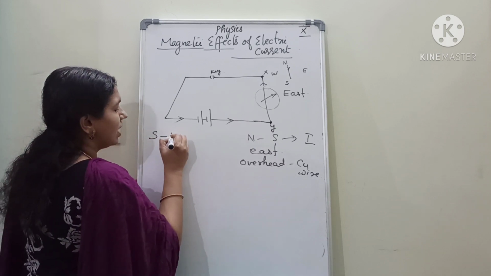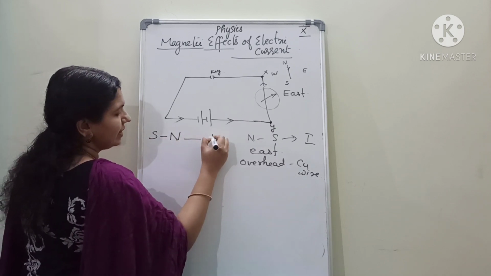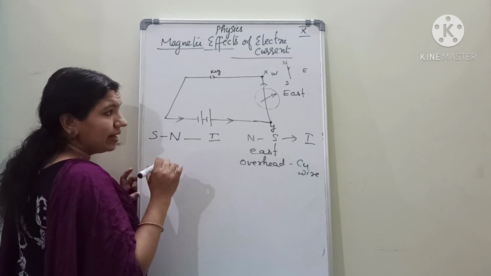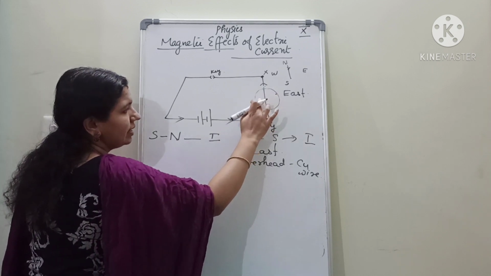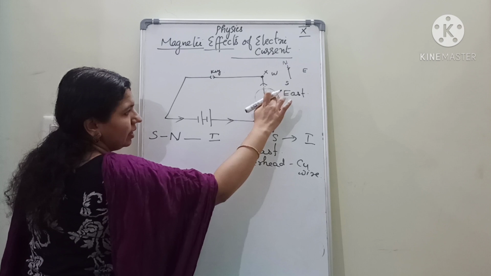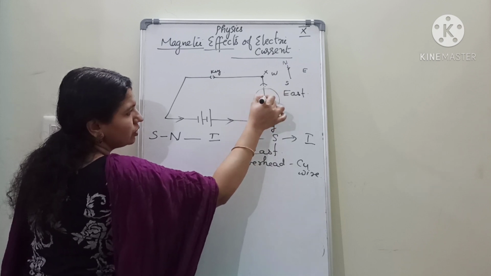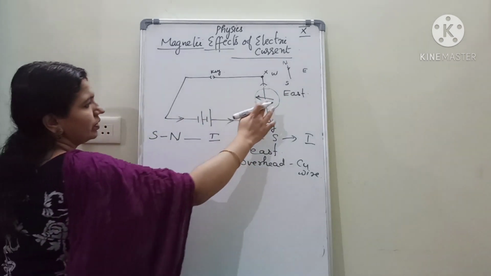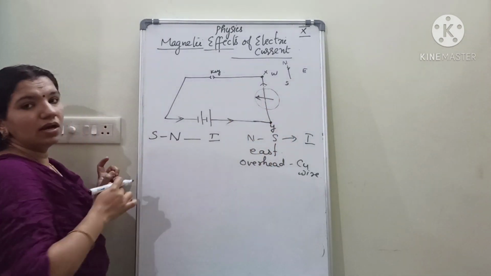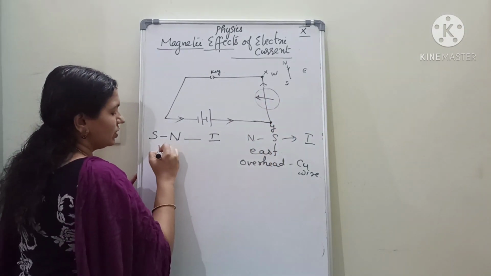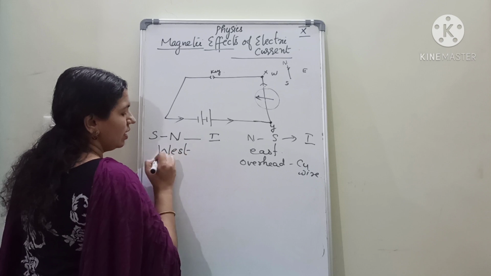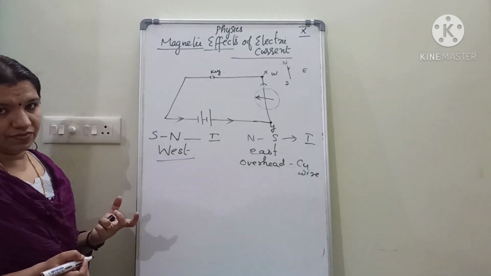The second case is south to north, the direction of current. And at that time, it is seen that the needle deflects towards the west. So that is the second condition, or the second activity.